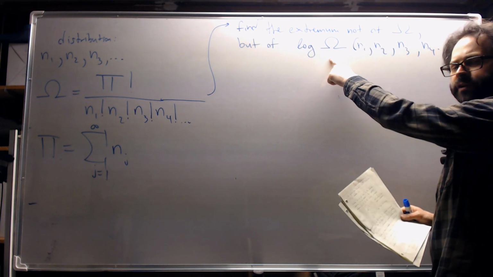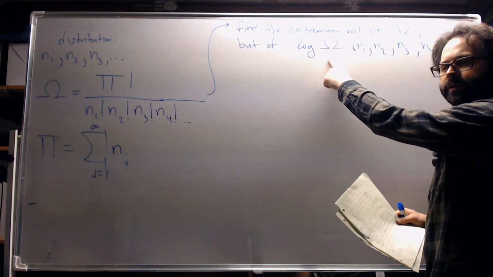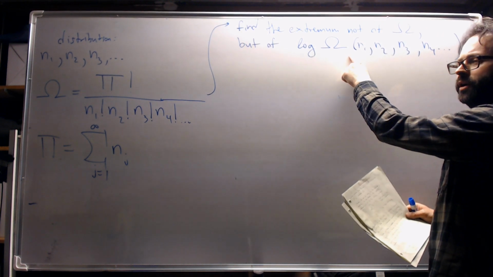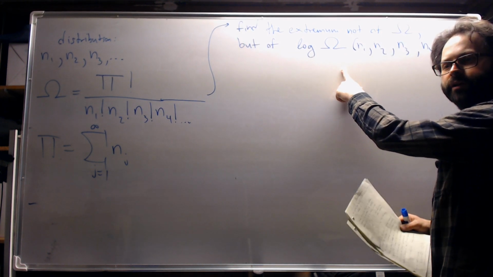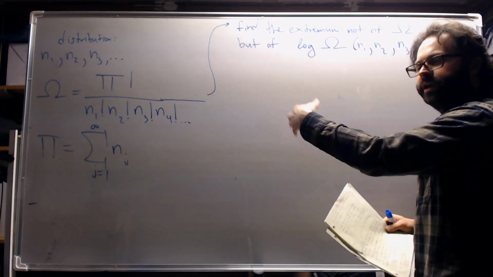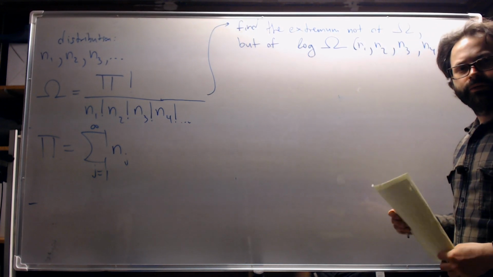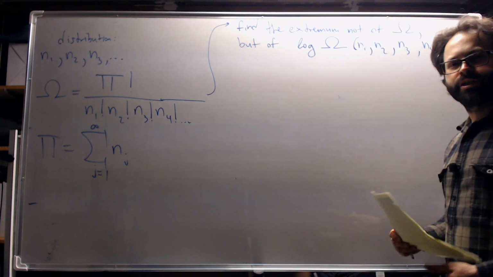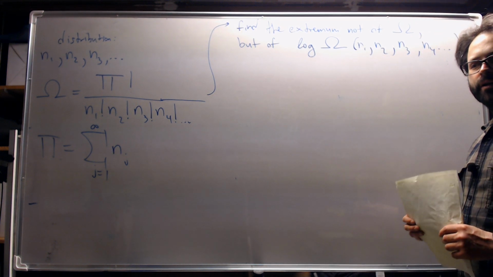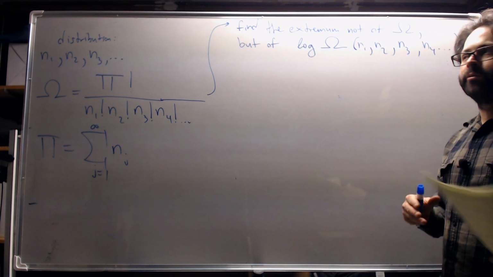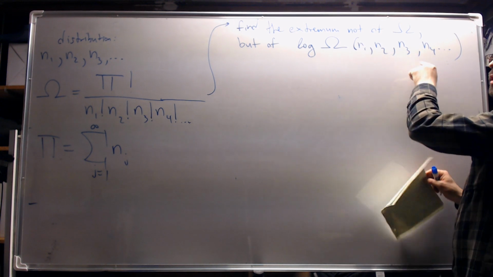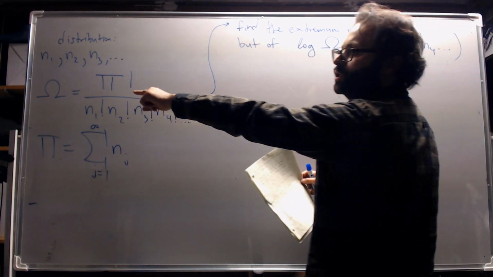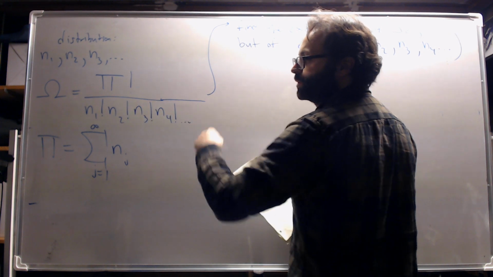Are we sacrificing anything in doing that? We're not. Because the logarithm of omega is a monotonic function of omega. The larger the omega, the larger the logarithm of the omega. And so when you maximize omega, you also simultaneously maximize the logarithm of omega. Or when you maximize the logarithm of omega with respect to these variables, you simultaneously also maximize omega itself for the same set of variables.